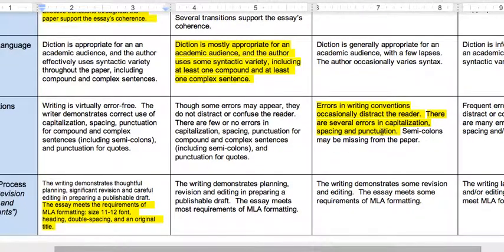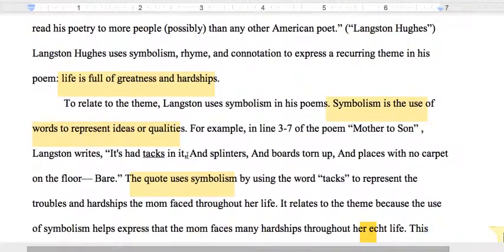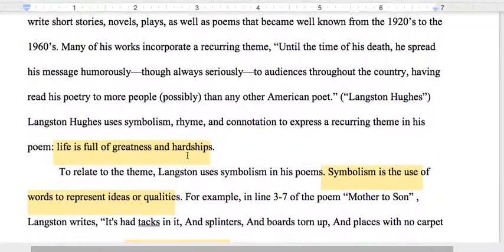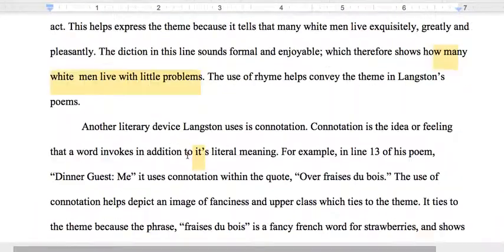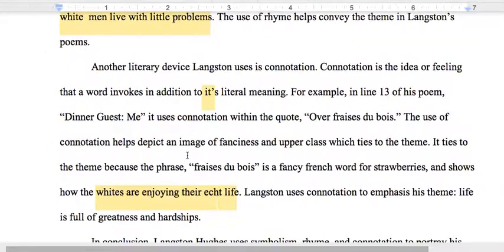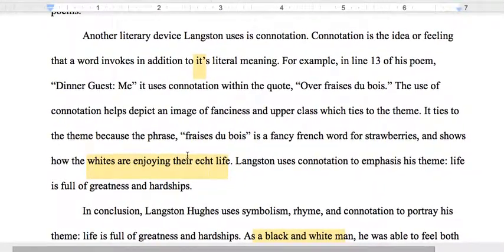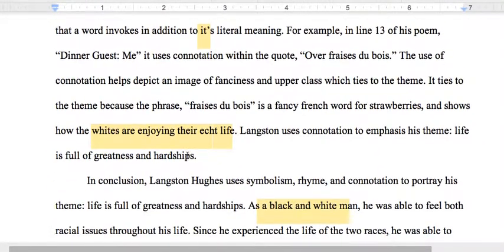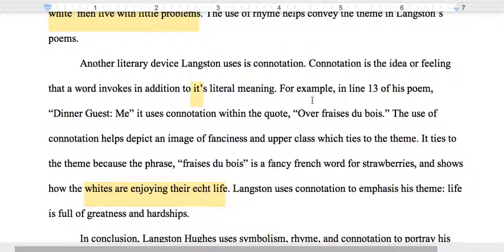In terms of punctuation, the quotes were not punctuated correctly in the sense that many of the quotes did not state the line numbers. Oh, actually, as I refer back to this, I realized I made a mistake. The line numbers are stated in the text, like here, in line 13 of the poem.